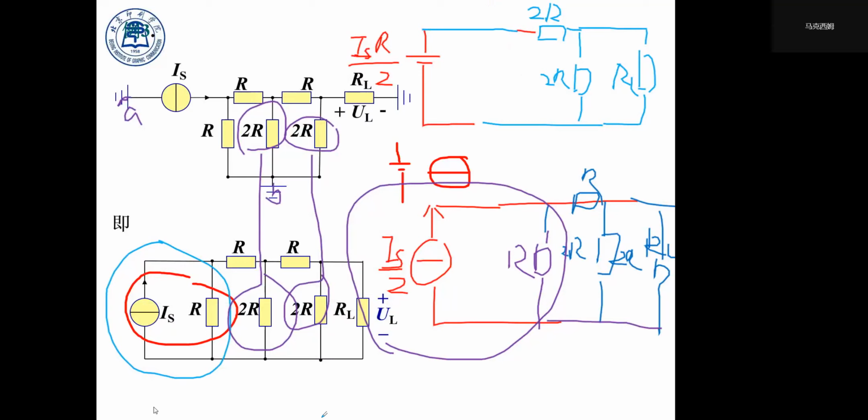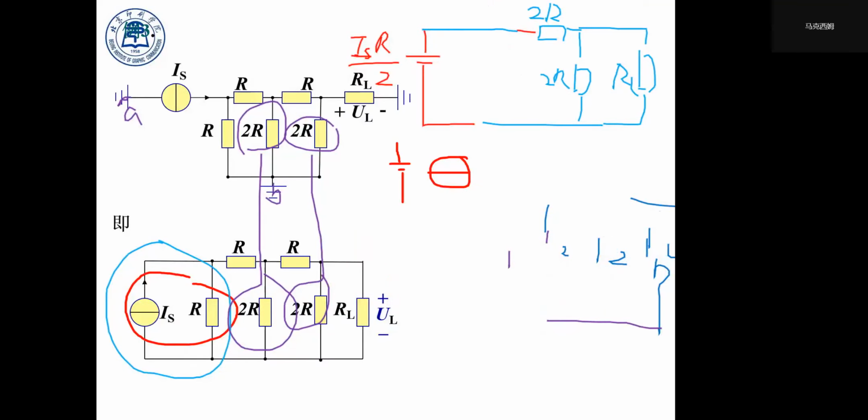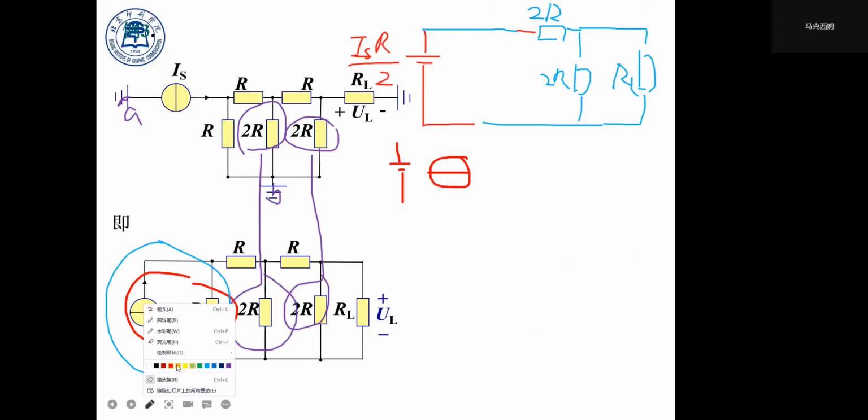And then again, we can just write it like this.